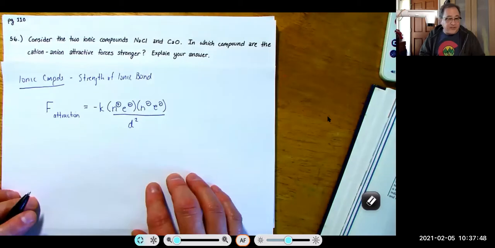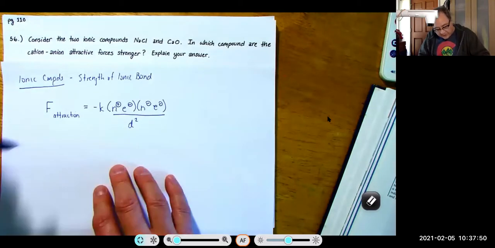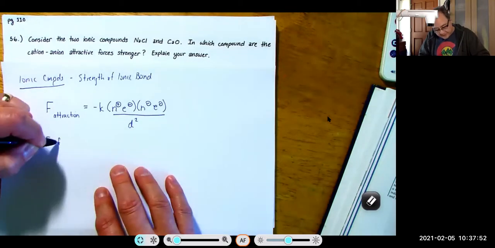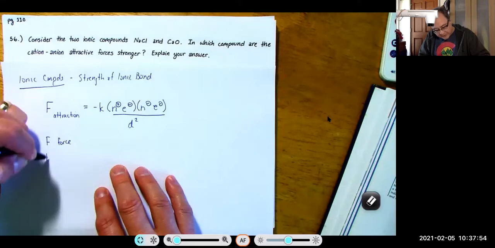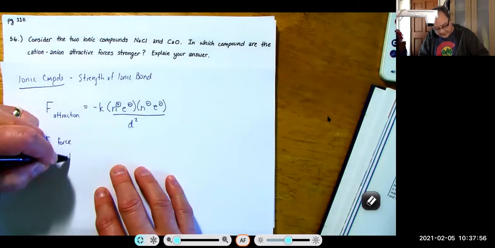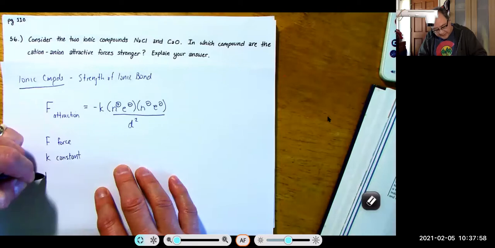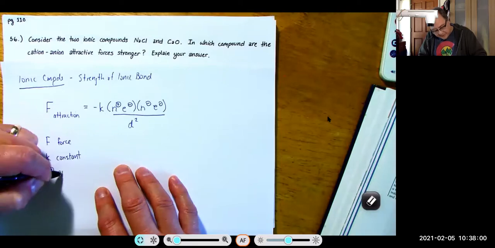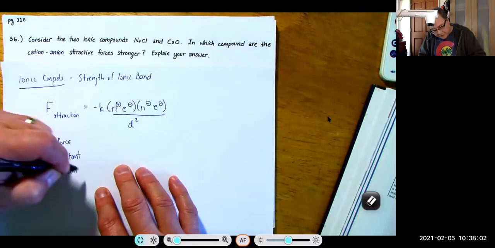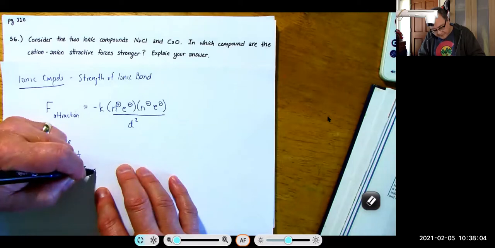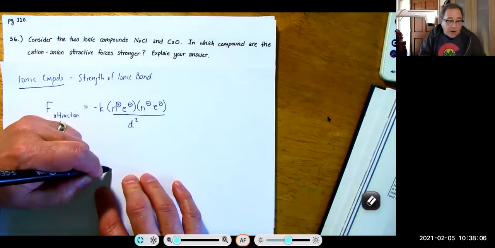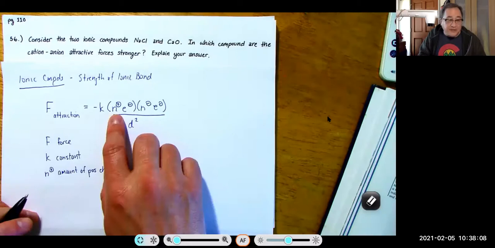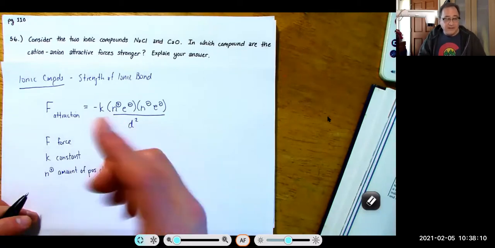And we'll actually make a list here. F is force. K is a constant, so we don't care what it is. N plus is the amount of positive charge. So if you have +1, N plus is +1.